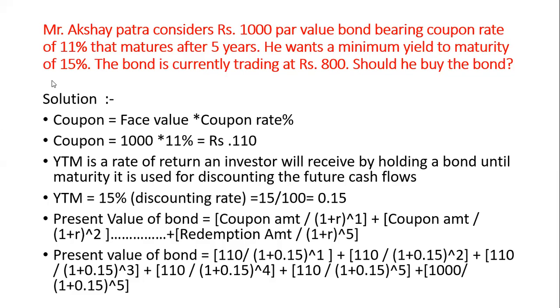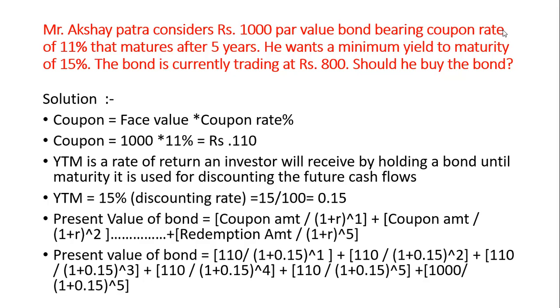This is a question on fair value calculation of a bond. You know the bond is currently trading at 800. This bond has a current price in the market of 800. First, we will read this question. Mr. Akshay Patra considers a rupees 1000 par value bond bearing a coupon rate of 11%.